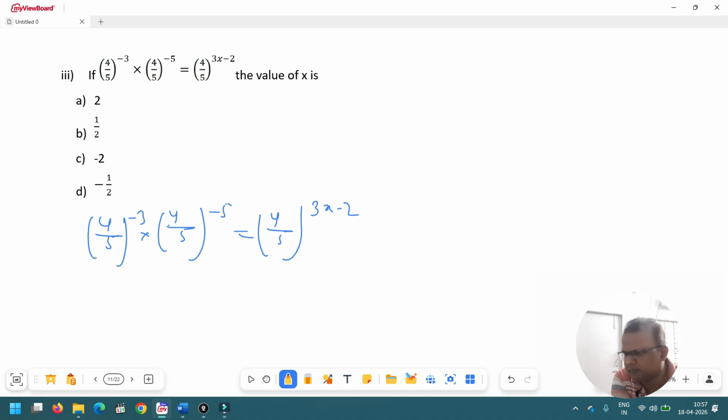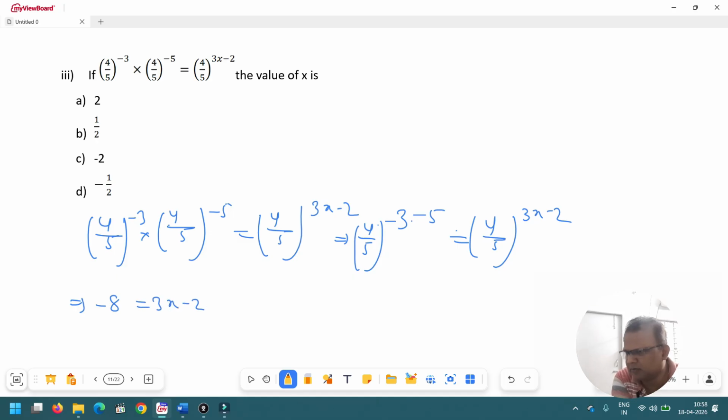Minus 2 that is equal to 4 का y 5 का पावर minus 3 plus minus 3 minus 5 minus 2 that implies equal to minus 8 is equal to 3x minus 2.